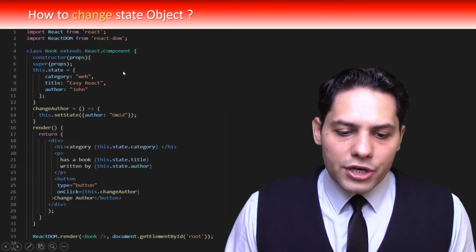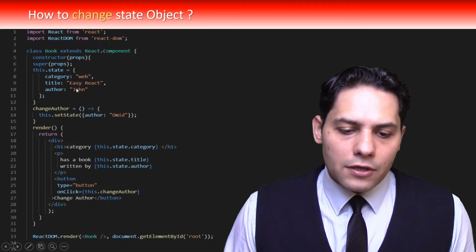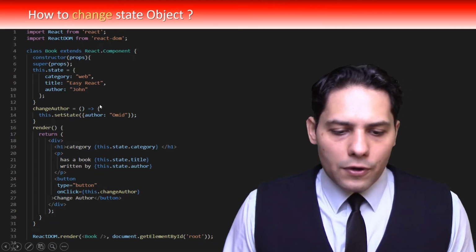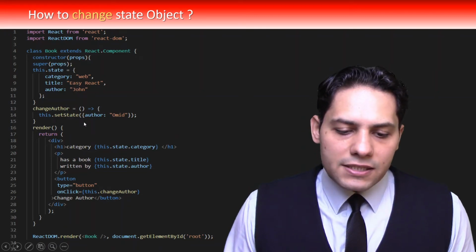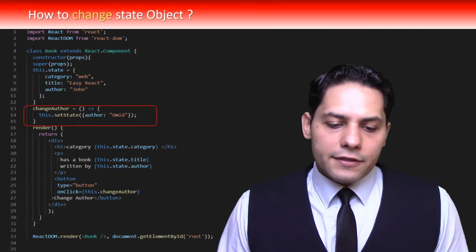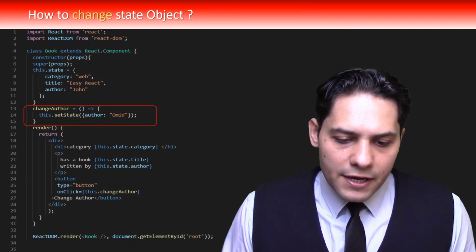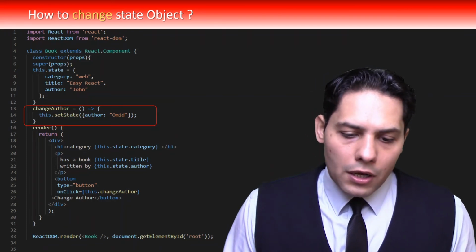Okay, for changing, for example, the author name, first of all it's John, and we are going to change it to Omid. For changing it, we should use the this.setState method. Okay, and we have defined another function in this way, and we added a new value for author.